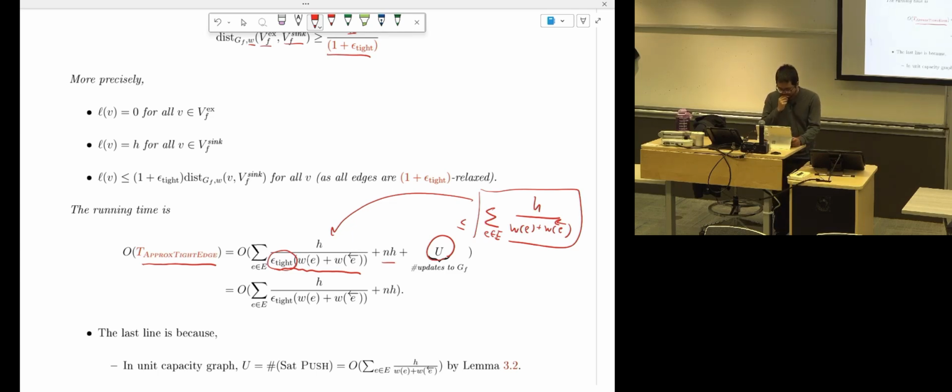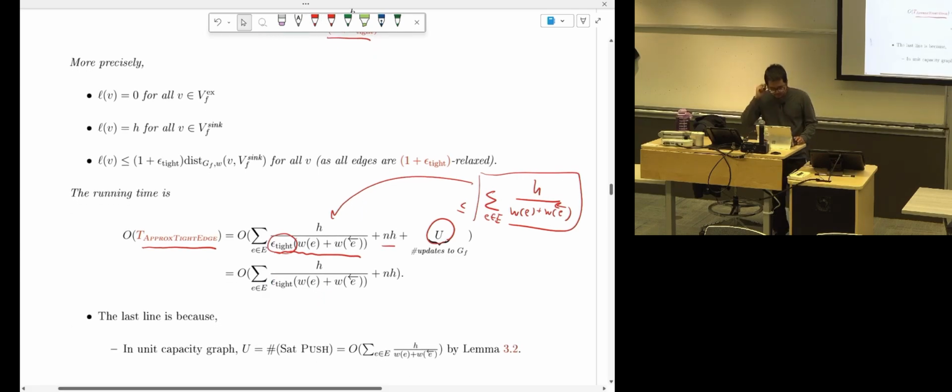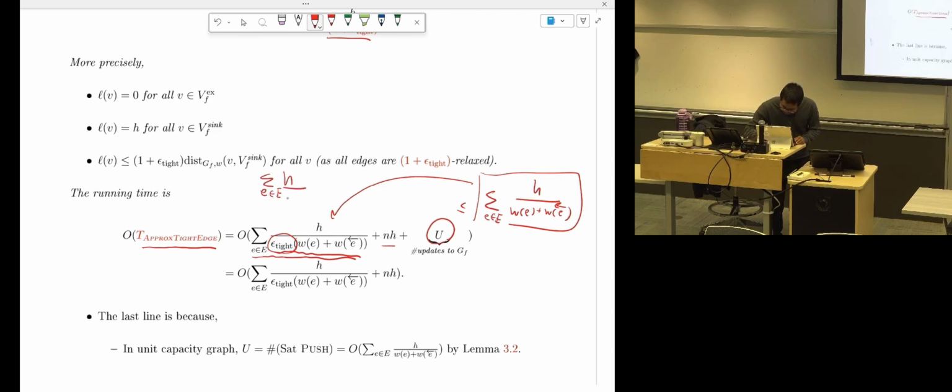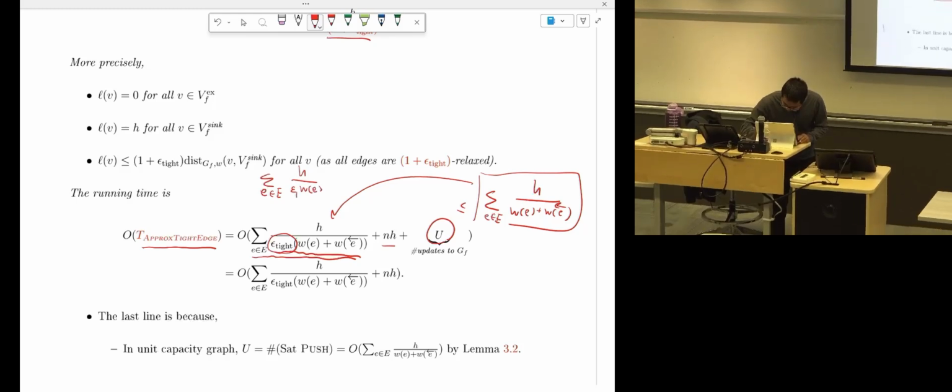Good. All right. But why do we get this one? It's basically like in the approximate tight edge structure, you have this one, which is epsilon tight.